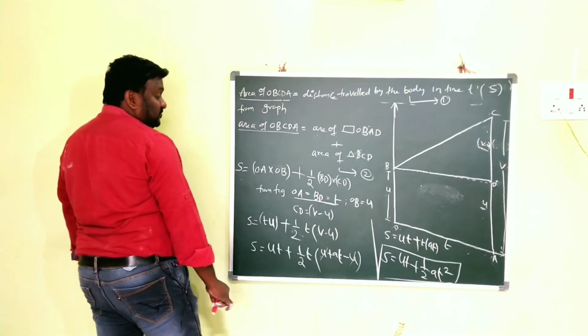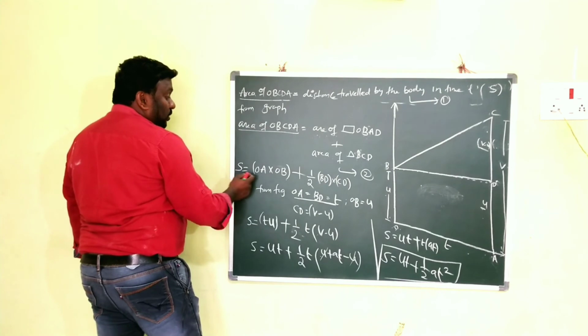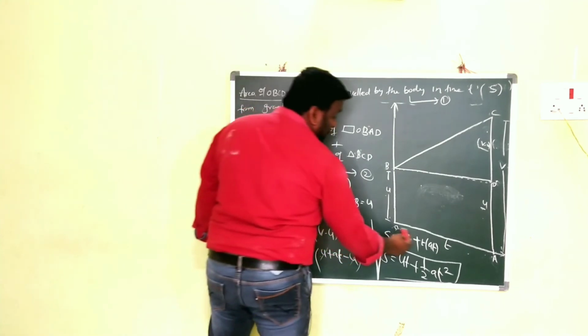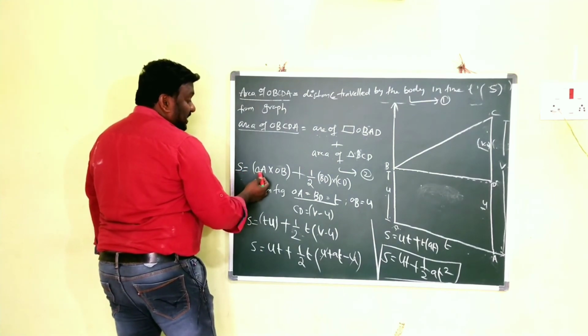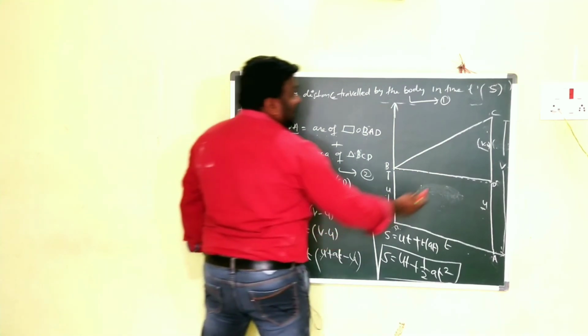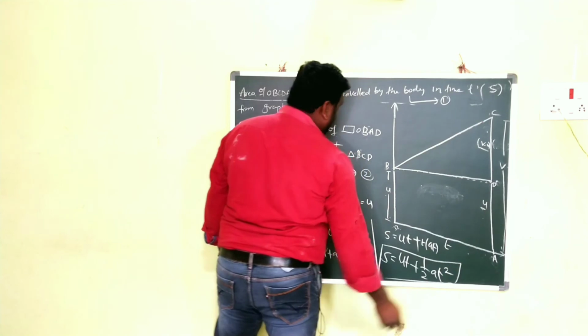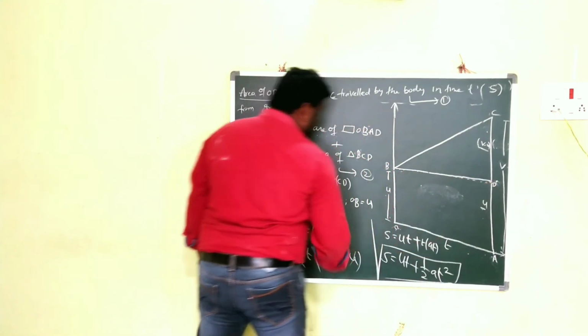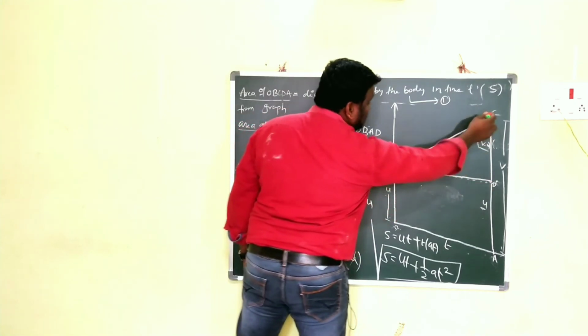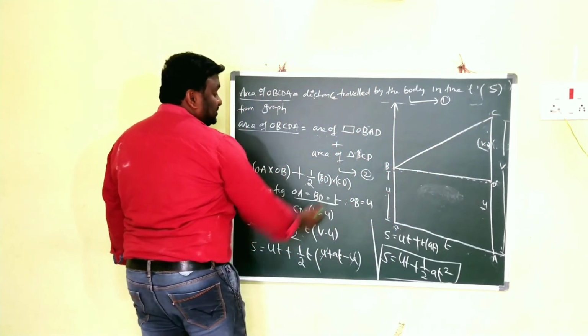For the rectangle, what is the formula? Length into breadth. We take OA as the length and OB as the breadth. Then S is equal to OA into OB plus the area of triangle, which is half into base into height. Half into base BD into height CD. Half into BD into CD.